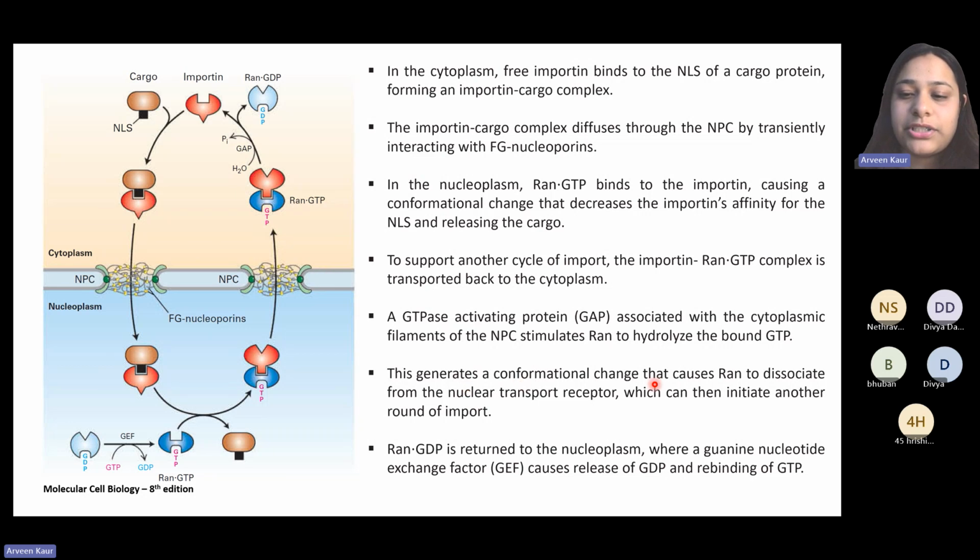This generates a conformational change that causes RAN to dissociate from the nuclear transport receptor, which can then initiate another round of import, right? Then the RAN GDP is returned to the nucleoplasm, where a guanine nucleotide exchange factor causes release of GDP and a rebinding of GTP, right?